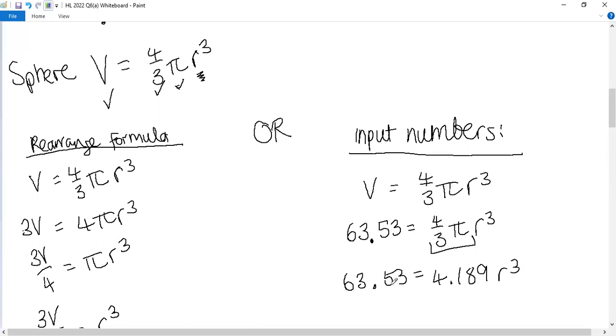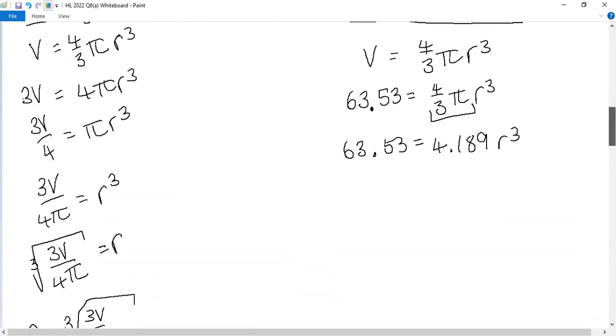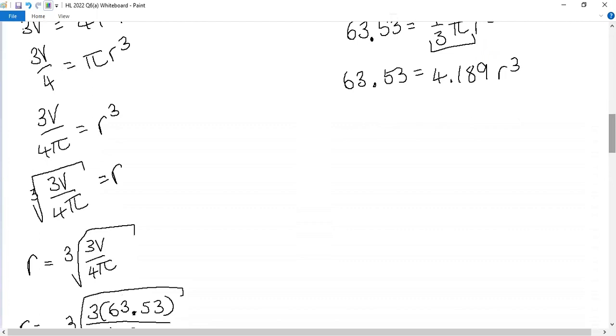The next thing, I'll give myself some space. The next thing to do is this 4.189, we need to move that. We want to always isolate the one we don't know. We need to isolate that r cubed on its own for the moment. You could either say that you're moving something that's multiplying here to a divider at the other side of the line, or you're dividing both sides by 4.189.